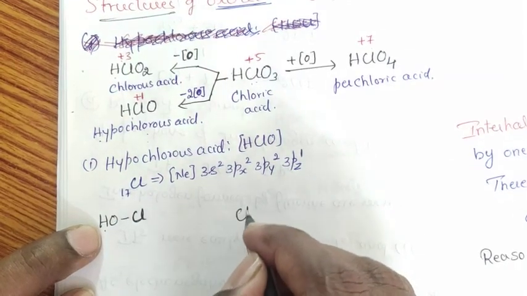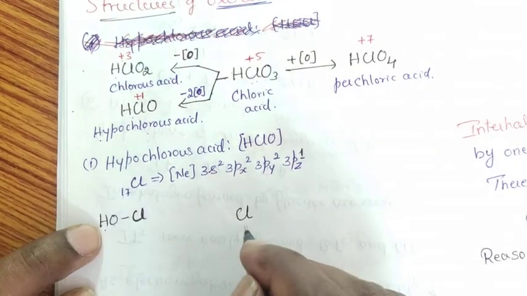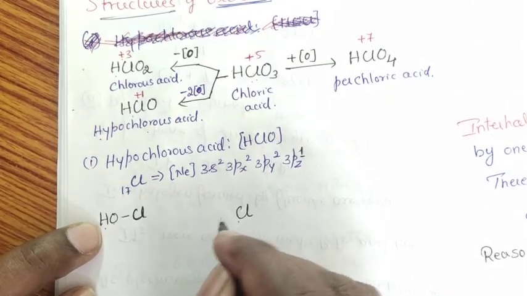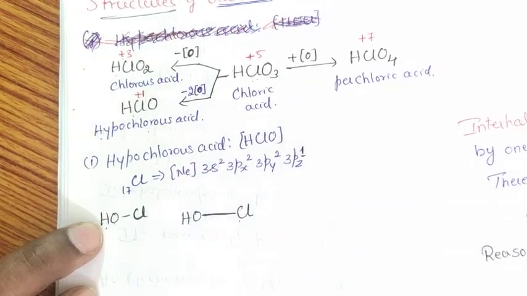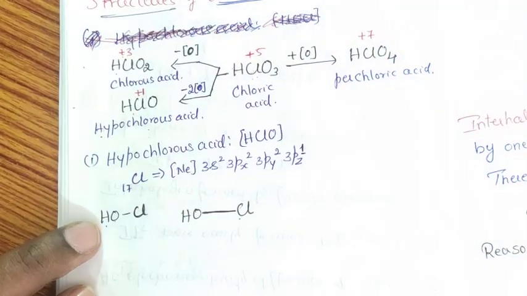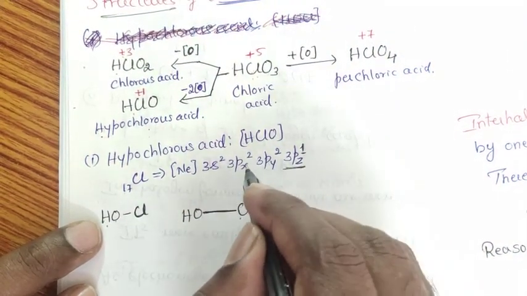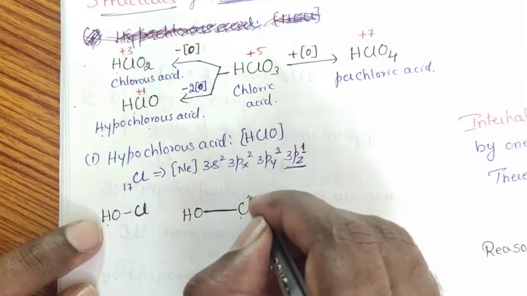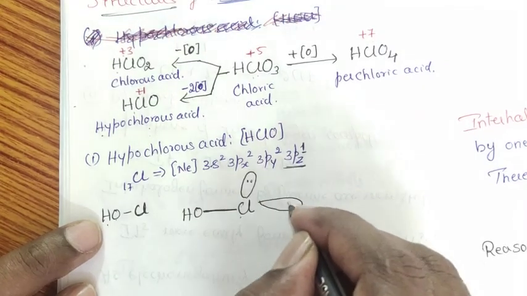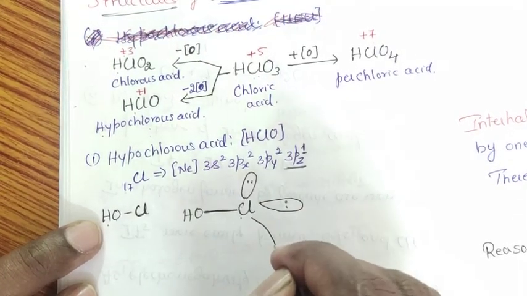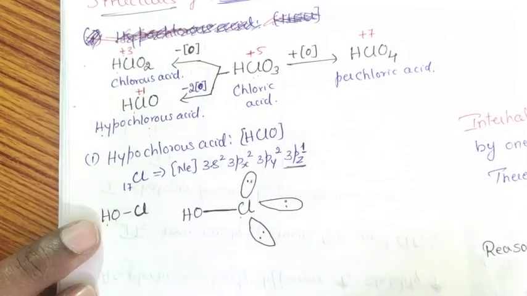So this is chlorine, and one unpaired electron is there. This unpaired electron bonds with one oxygen atom, which is bonded with the hydroxyl group. So totally how many electrons are there on the chlorine atom? 7 electrons. Out of 7 electrons, 1 electron is involved in the bond formation and the remaining 3 lone pairs are present on the chlorine. So 2 plus 2 is 4, 4 plus 2 is 6, 6 plus 2 is 8.